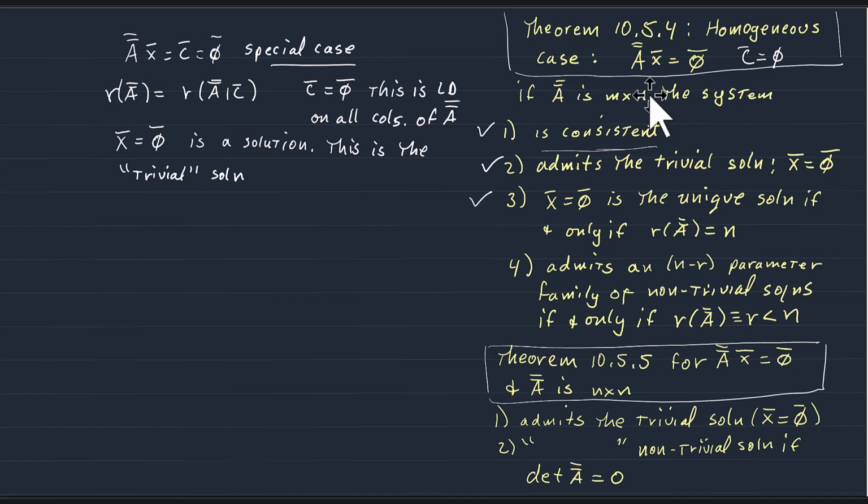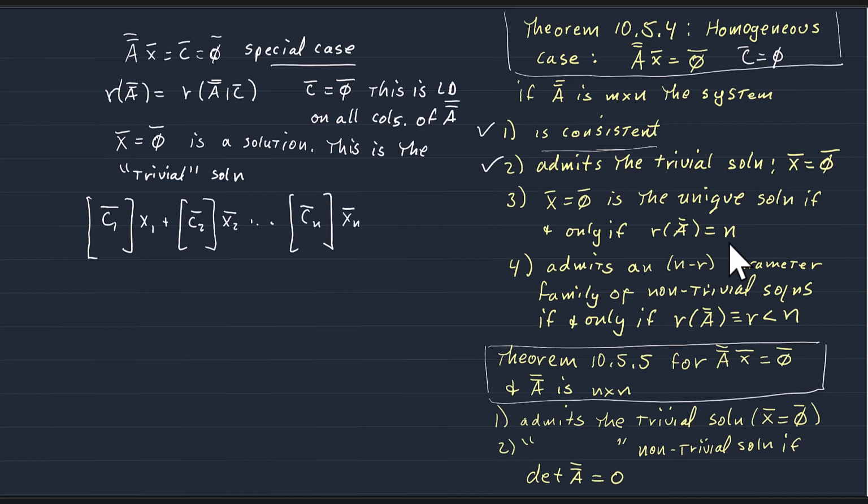And so let's look at this part. X equals 0 is the unique solution if and only if the rank of A is equal to the number of columns. So let's look at that. Again, we're multiplying column 1 times x1 plus column 2 times x2 and so forth, and we know that the product is all equal to 0.